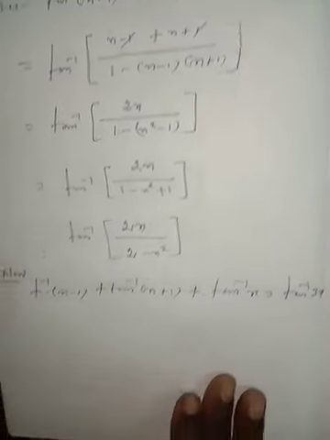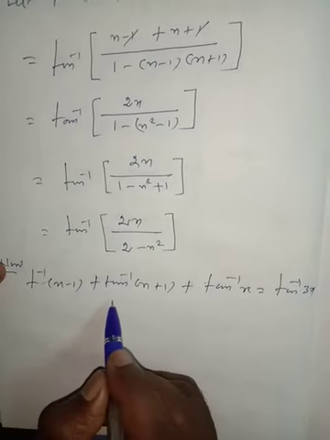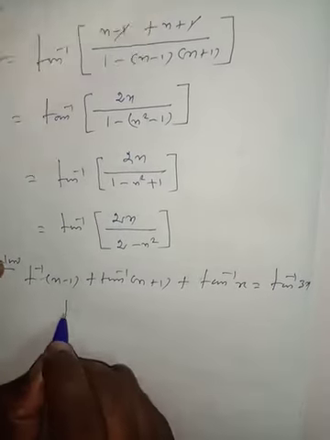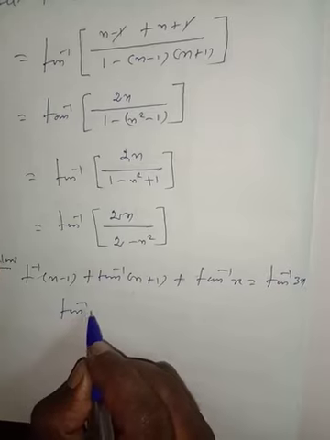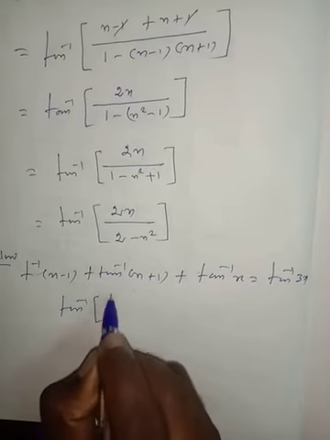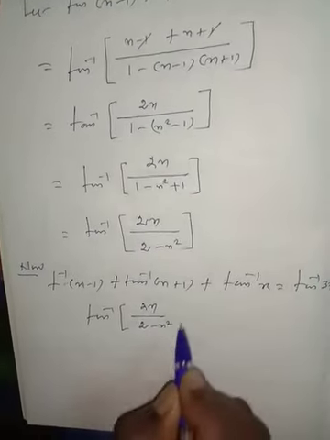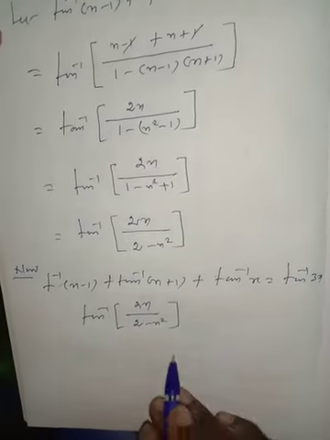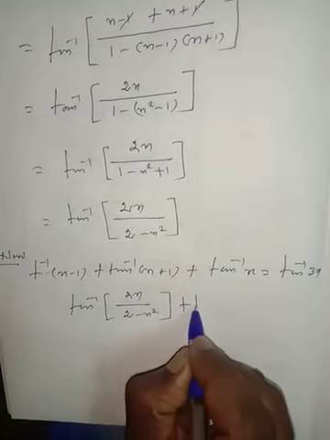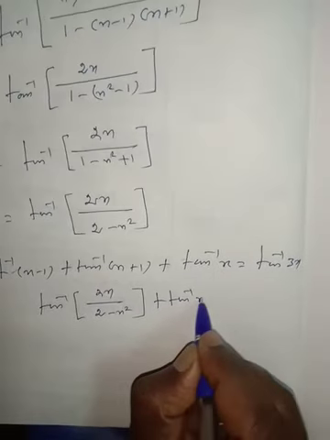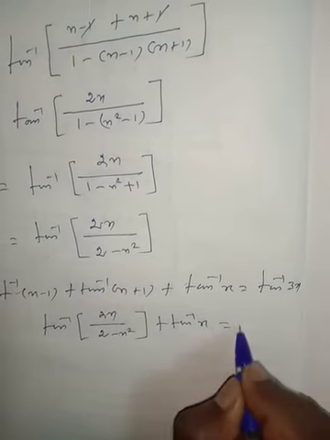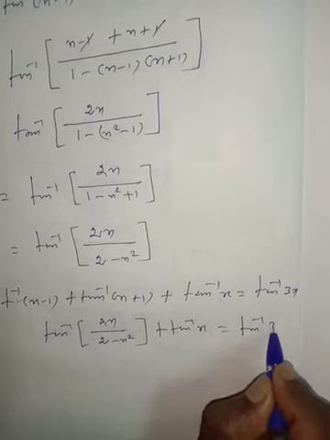This is given. Now first and second: tan inverse of 2x divided by 2 minus x square plus tan inverse of x is equal to tan inverse of 3x.